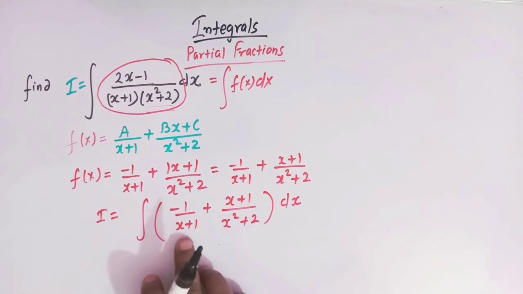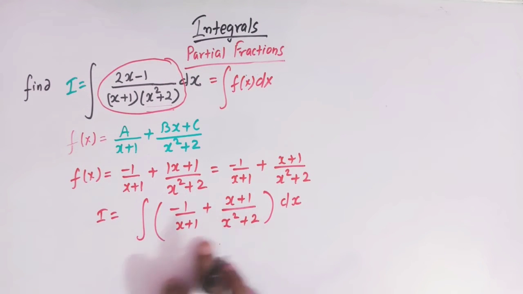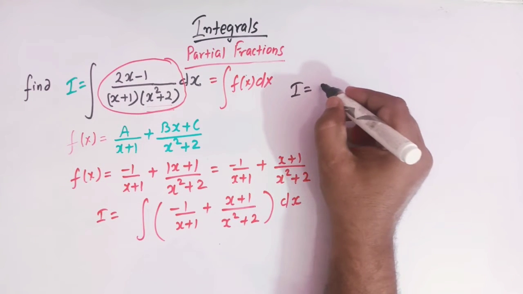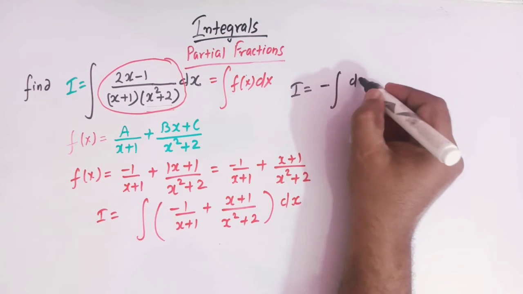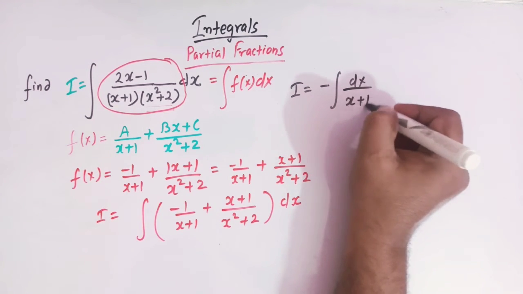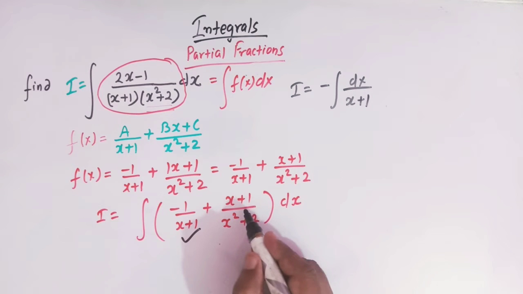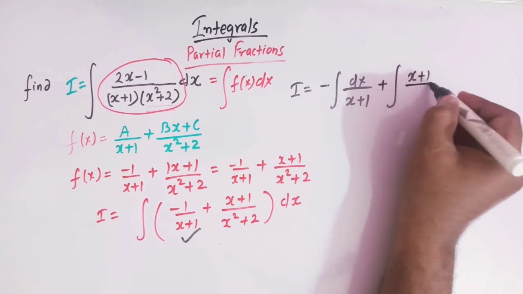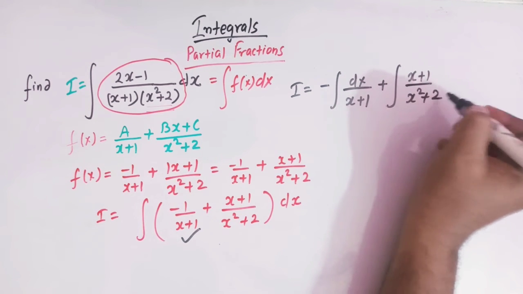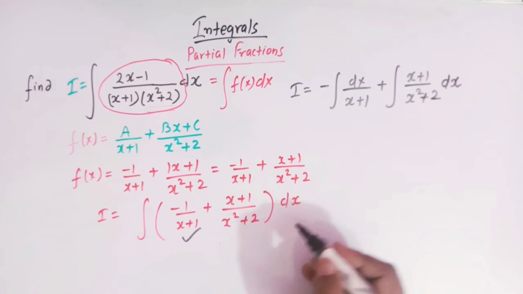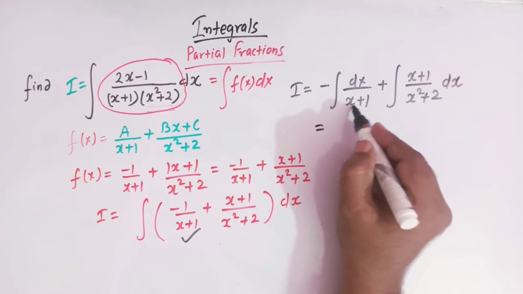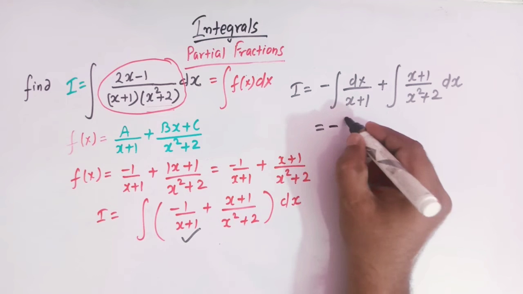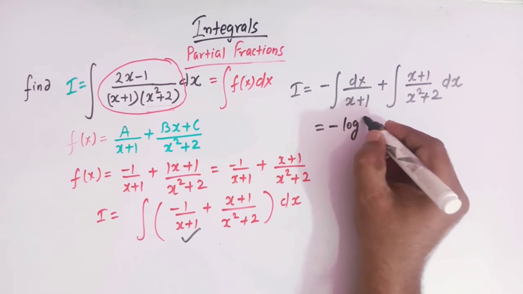So now we can easily integrate this expression, so we can now write I is equal to minus integral dx over x plus 1, that is this one, and then we have integral of x plus 1 over x square plus 2 dx, right?